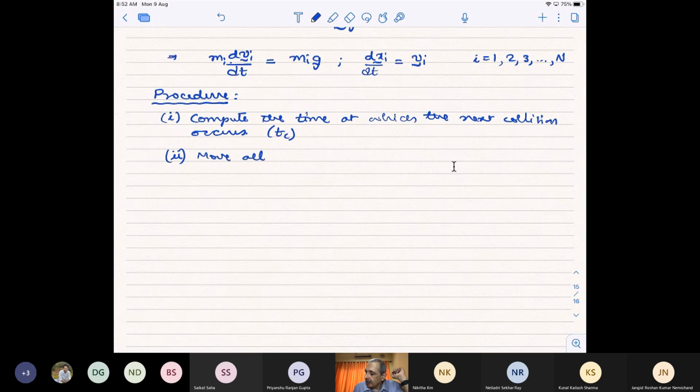Then we move all the particles for Tc. They'll all move independently. And then update the velocities of the colliding pair.